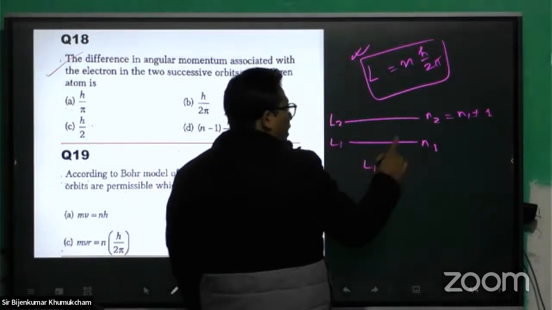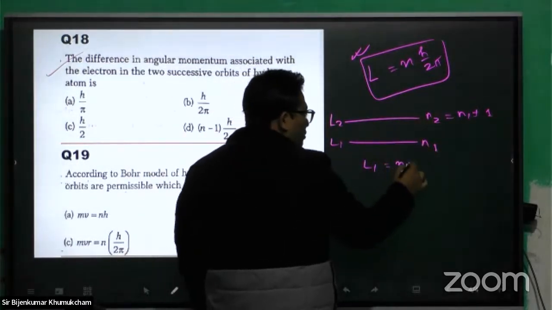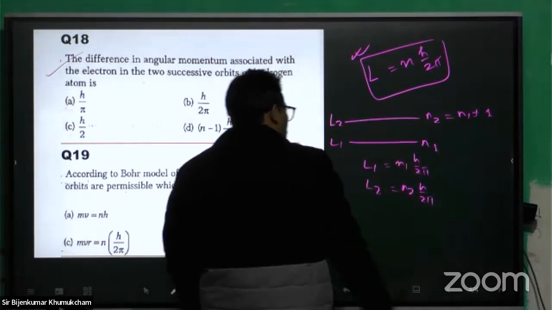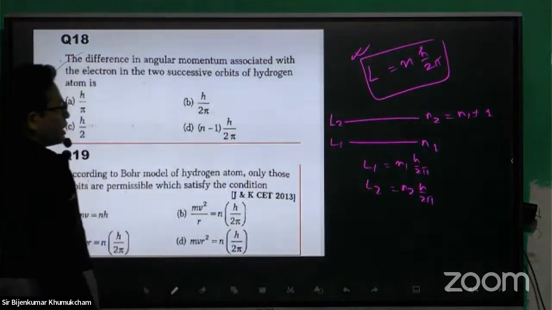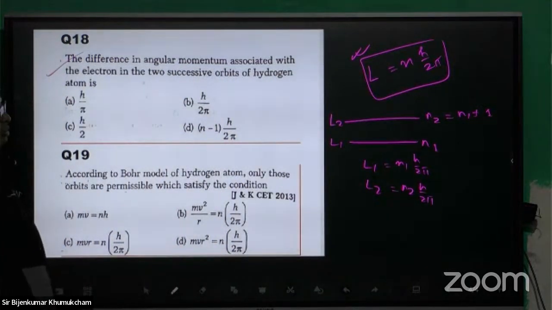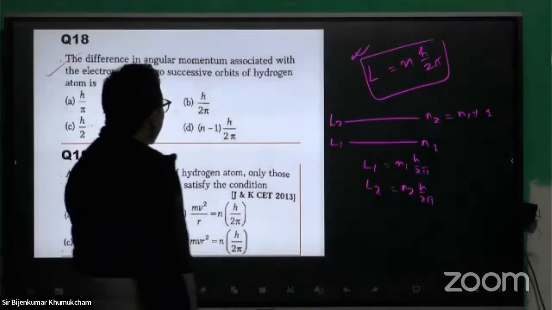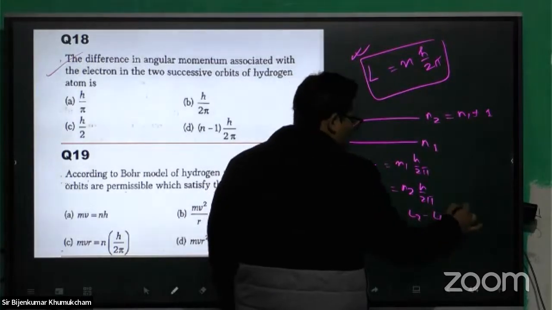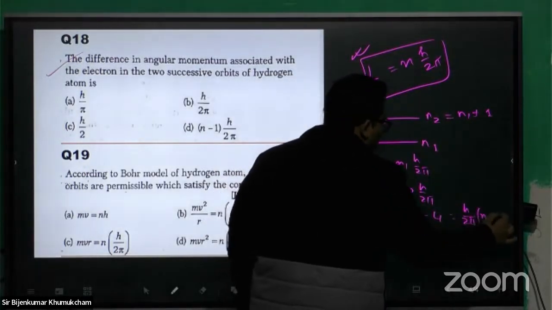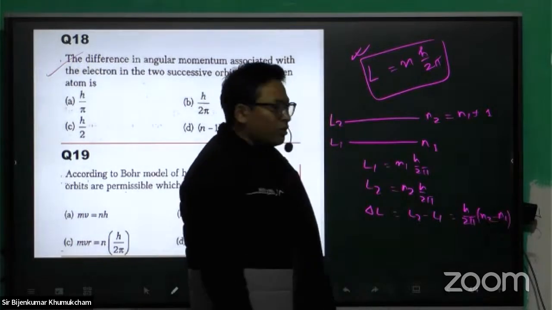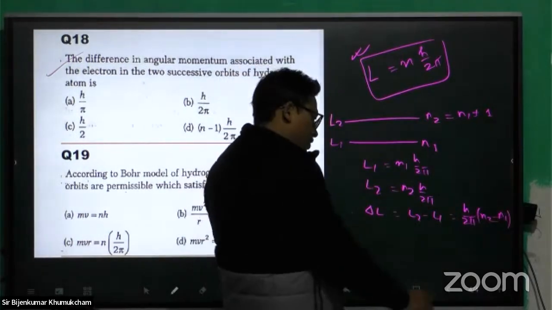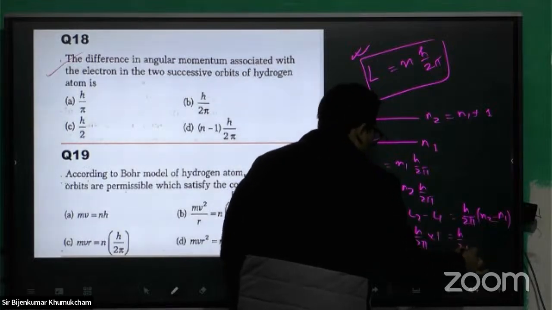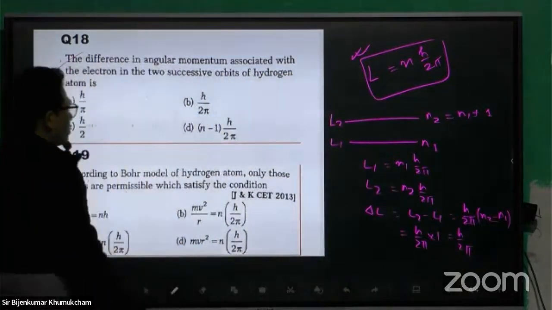L1 equals n1 times h by 2 pi, and L2 equals n2 times h by 2 pi. L2 is higher. So the change in angular momentum, L2 minus L1, is h by 2 pi times (n2 minus n1). N2 minus n1 is 1, so the change in angular momentum is h by 2 pi.